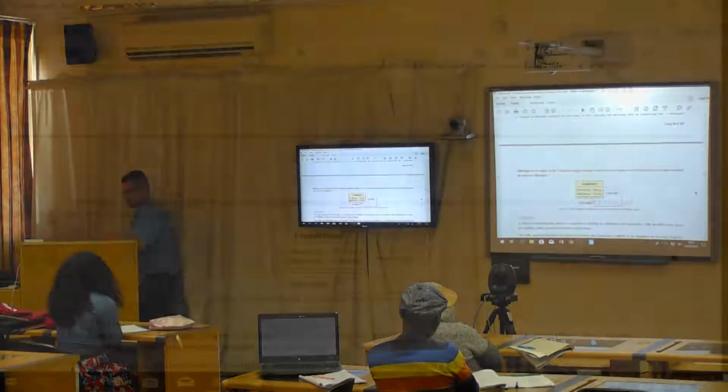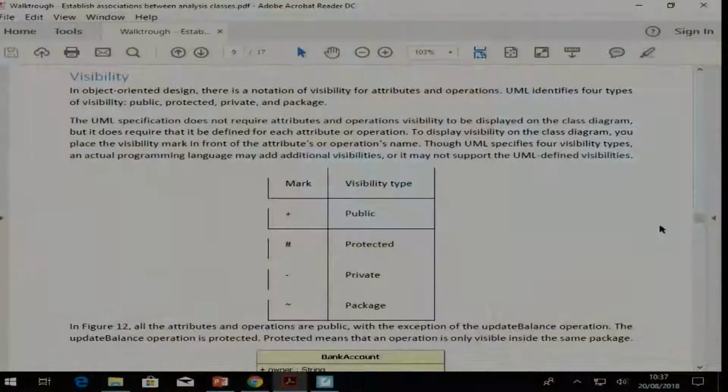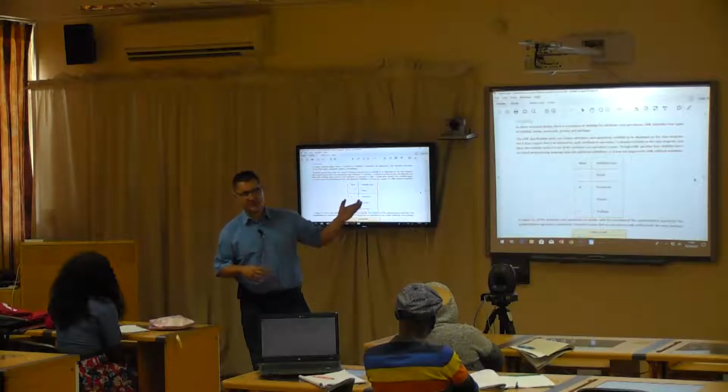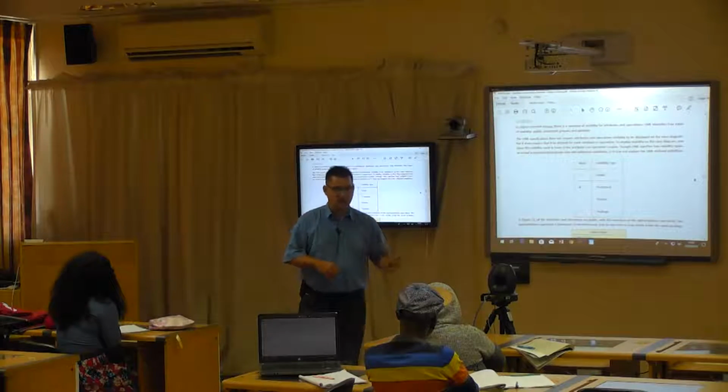Okay. So guys, next it talks about visibility in our diagrams. From that we can see public, protected, private, and package-based scope. Is this something you normally make in analysis, the distinction already?